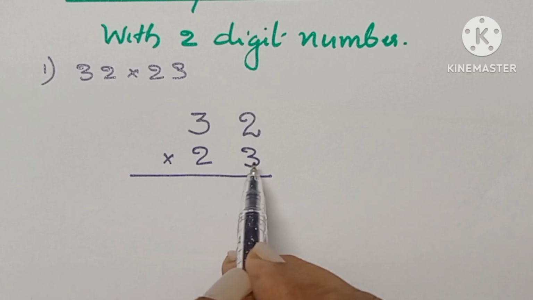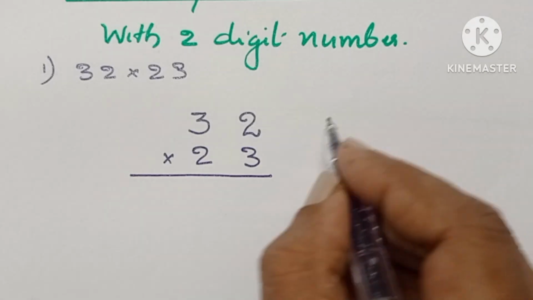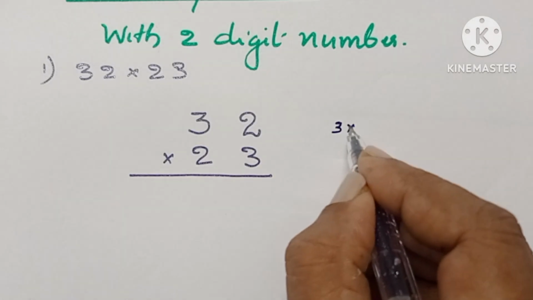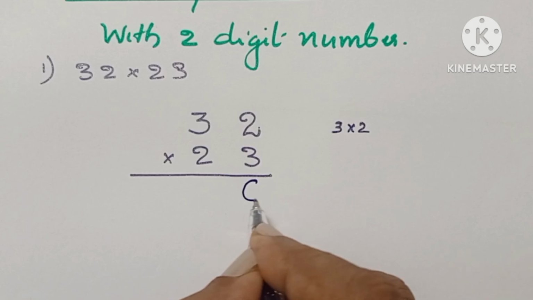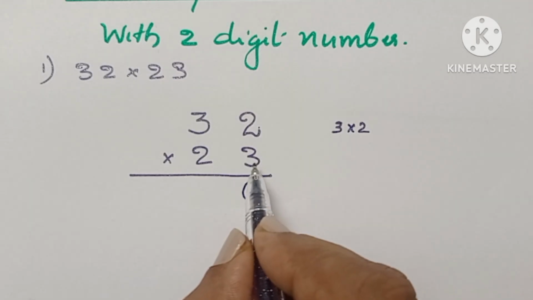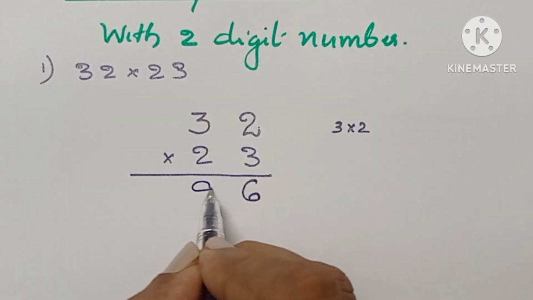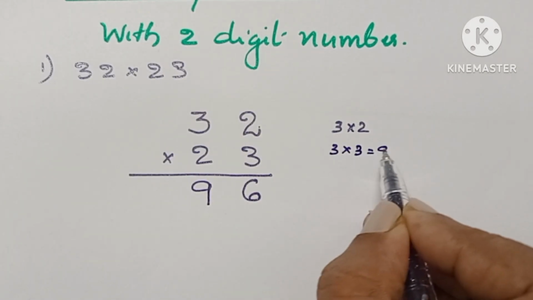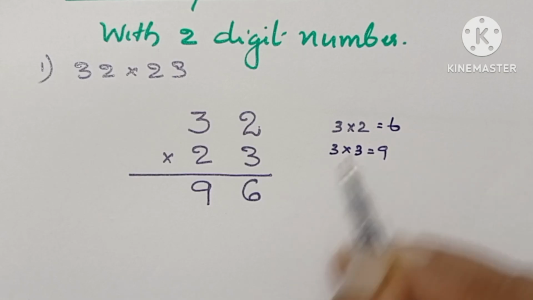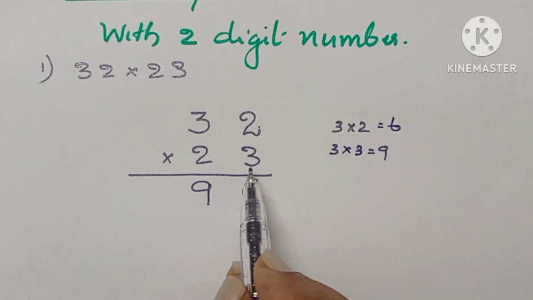We are starting with the 3. 3 into 2 we have to do first. 3 into 2, answer is 6. 3 into 3, answer is 9. We multiplied with the number 3.